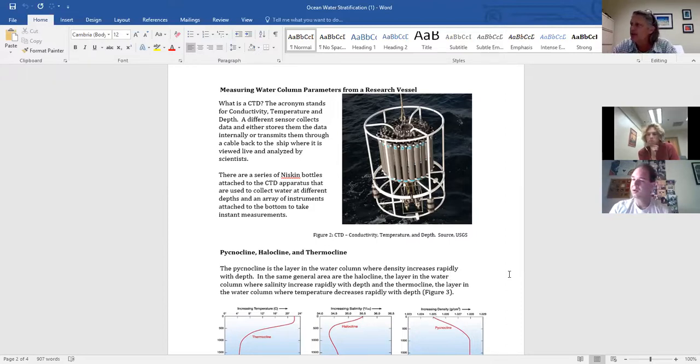Basically, there are bottles attached to this apparatus, and it's lowered into the ocean. Samples are taken at different depths. Each one would have an assigned depth. And then the conductivity is tested and the temperature is measured at each depth. So an apparatus like this is what is used on ocean research vessels.